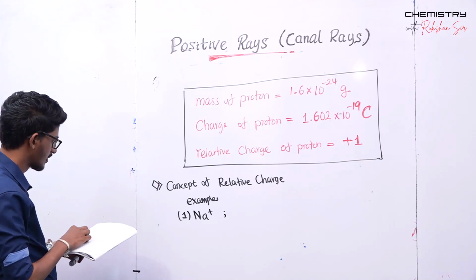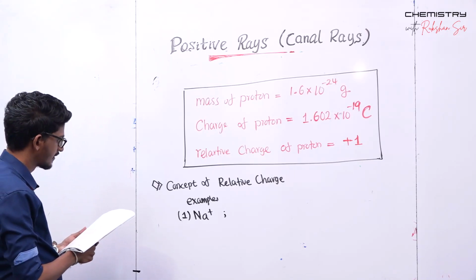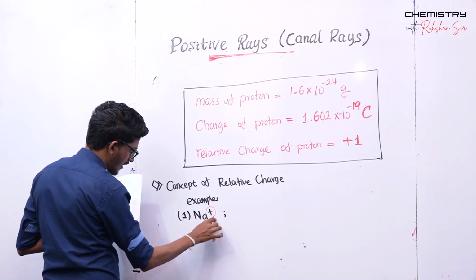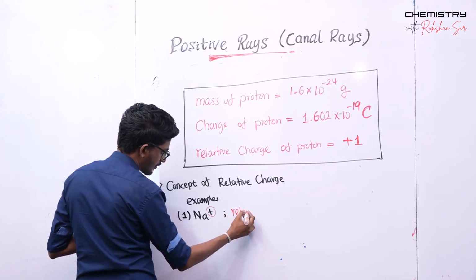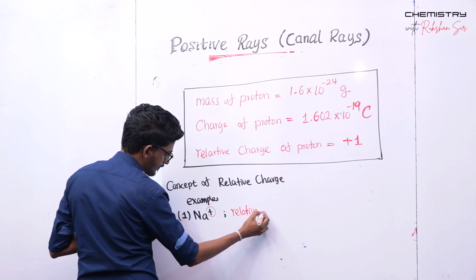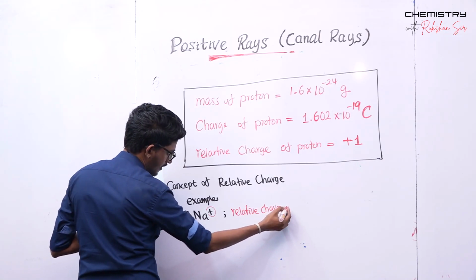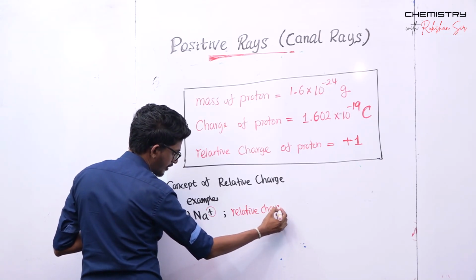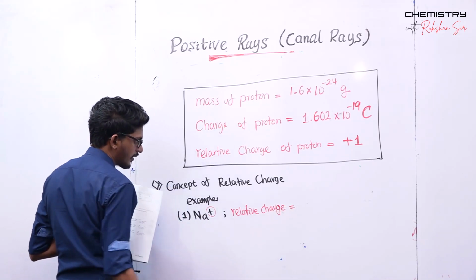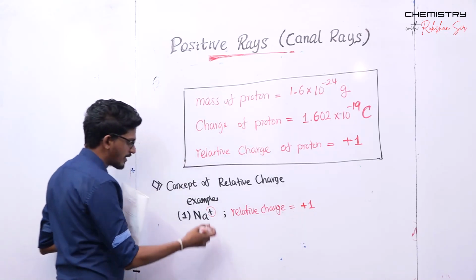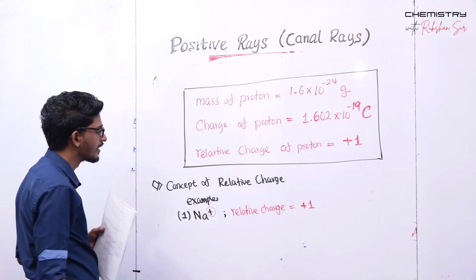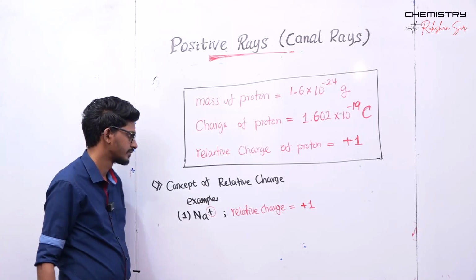Relative charge means the charge indicated here. That is a relative charge. So here the relative charge is actually plus 1. What we indicate as charge here is actually relative charge. That is not the actual charge.